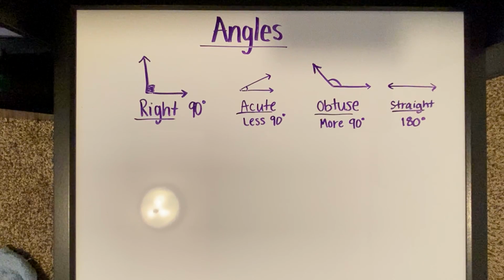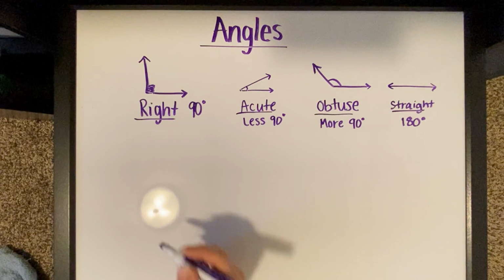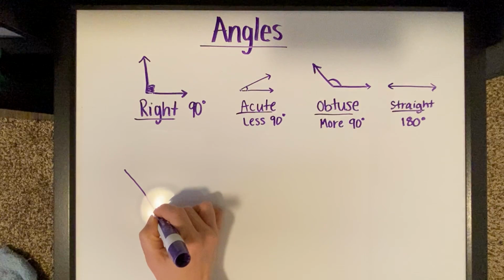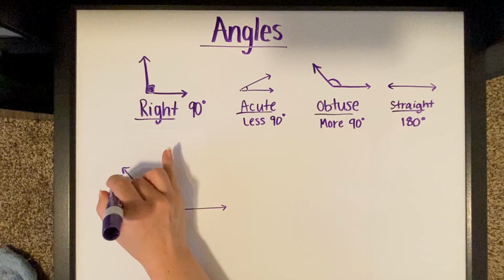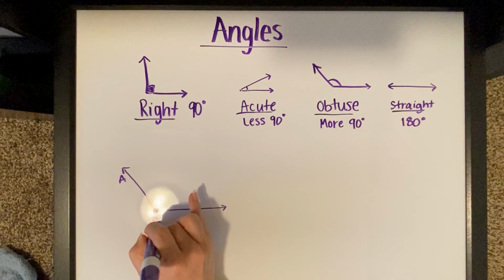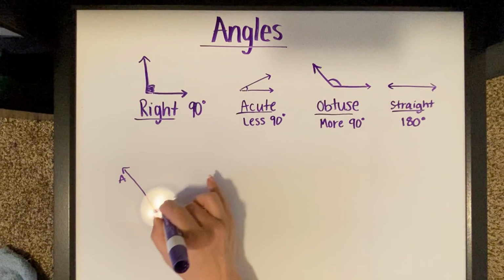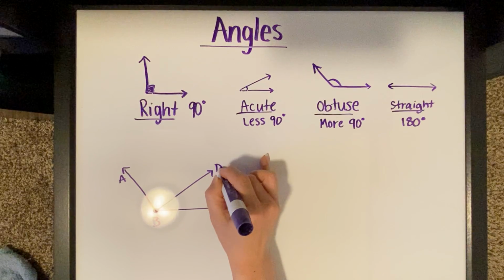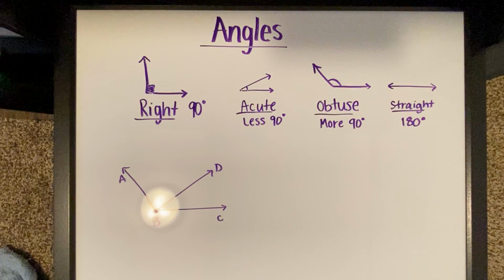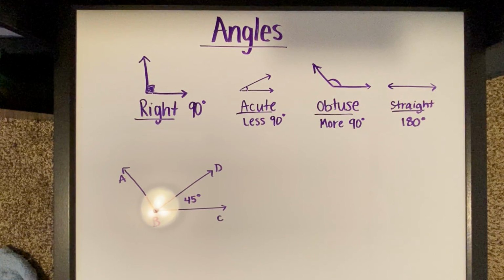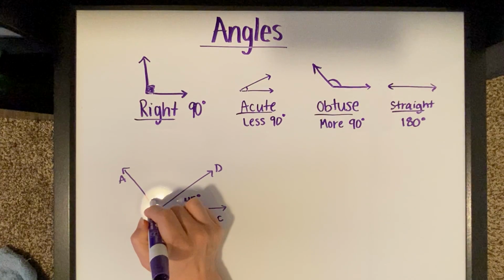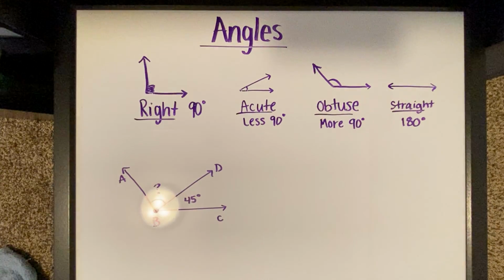So in the lessons or assignments that you're doing this week, you might see figures that look something like this, and your angles might be labeled like A, B, C, and then we might have D here. And they might tell you that this is 45 degrees and that we want to know this missing angle here.